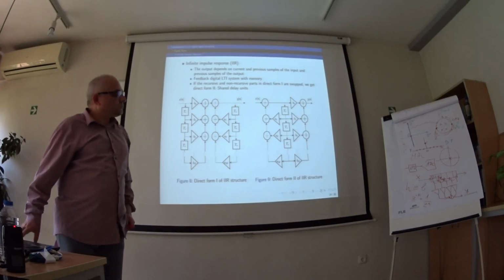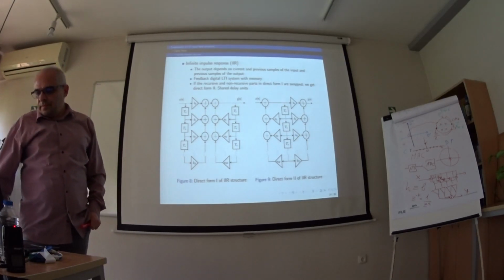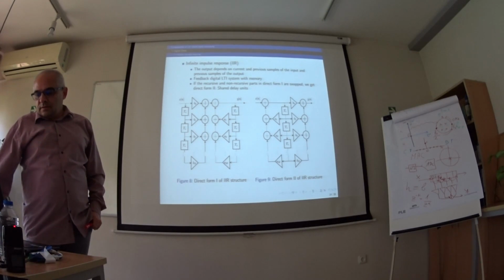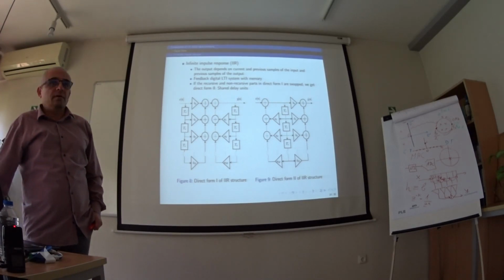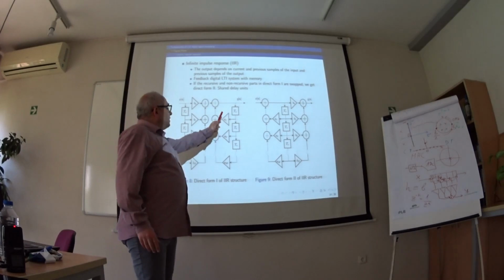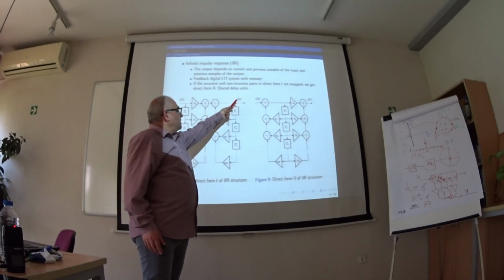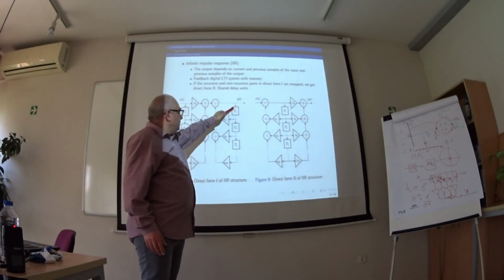And the next type is the structure with feedback, called infinite impulse response, or IIR. The idea here is the output signal depends not only on the input and its history, it depends on previous values of the output.